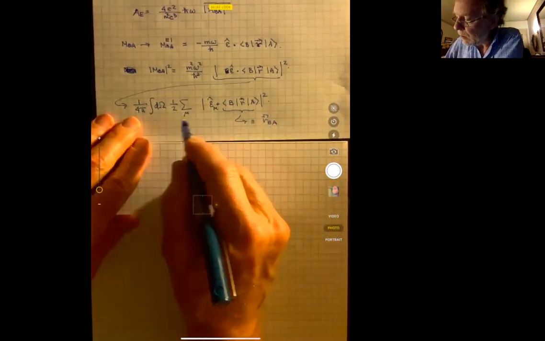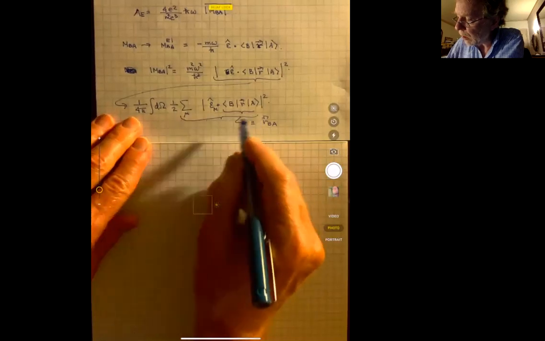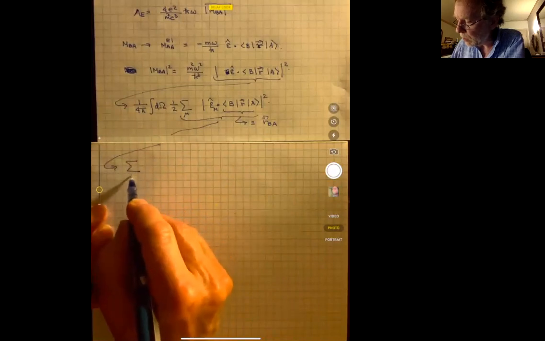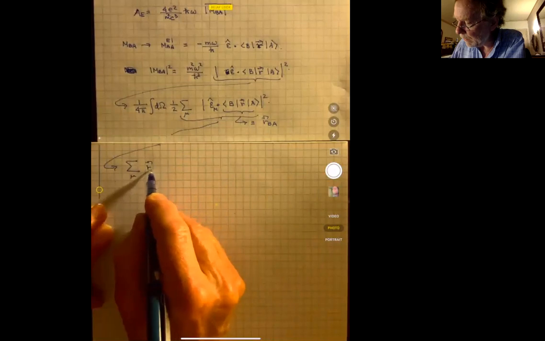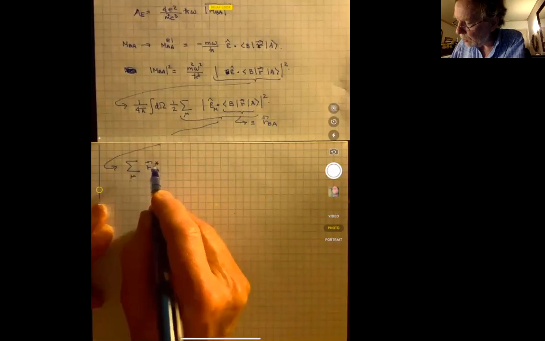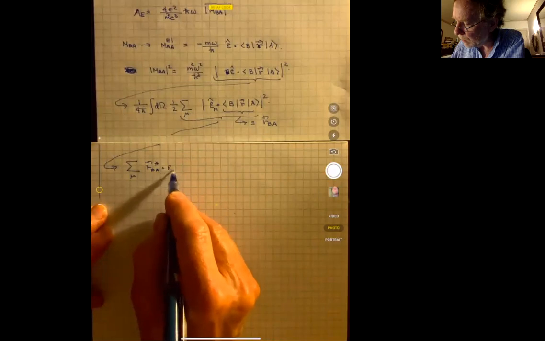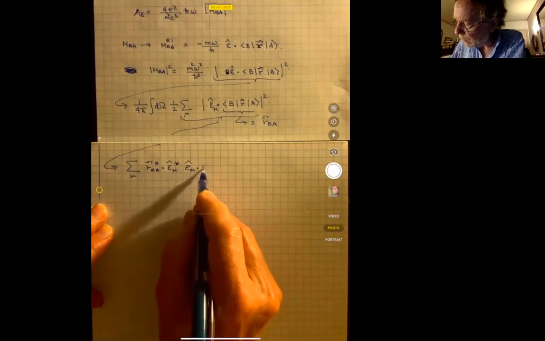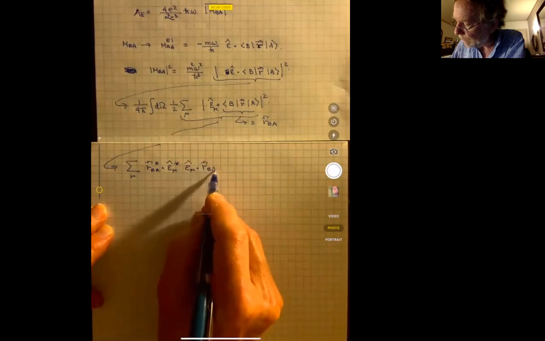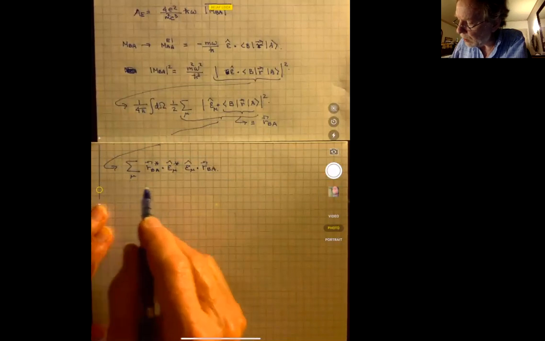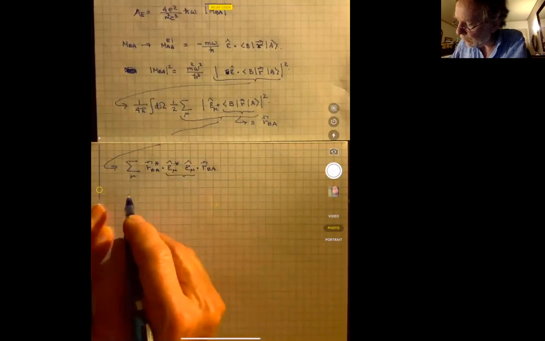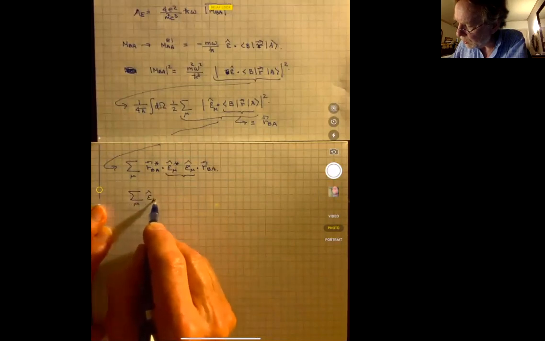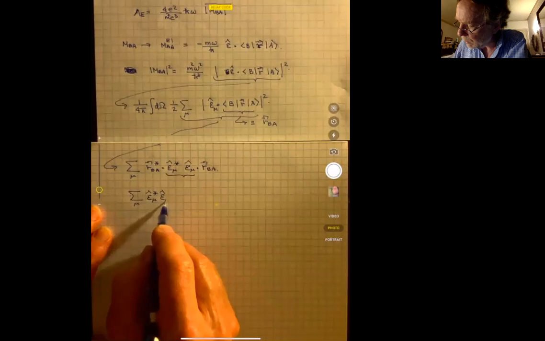In any case, this sum on mu of this matrix element squared, if I bring it down onto my next piece of paper here, I can write as a sum on mu of RBA complex conjugate dotted into epsilon mu complex conjugate times epsilon mu dotted into RBA. And we can do the polarization sum because you've got a sum over something that looks like a resolution of the identity: the sum on mu of epsilon mu star times epsilon mu.